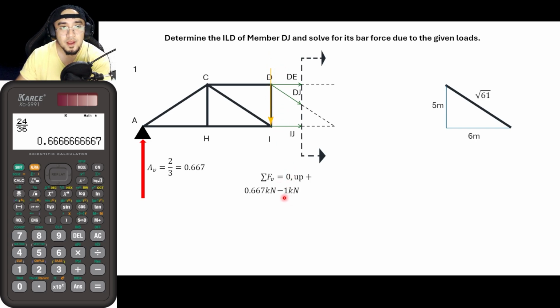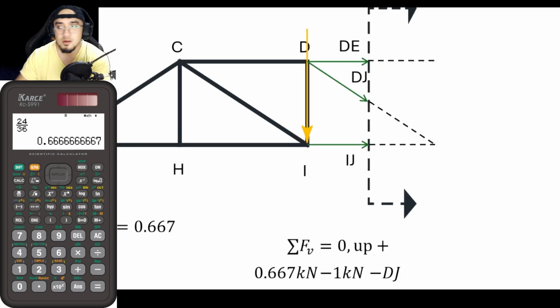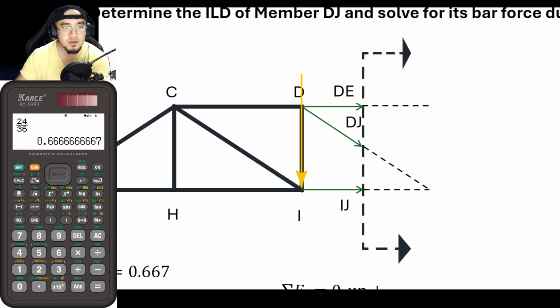What else do we have here? You also have the vertical component of DJ, I should say. So that is minus DJ. So why minus? Because as you can see in my assumption, it is actually pointing downwards. So if it is pointing downwards, negative.